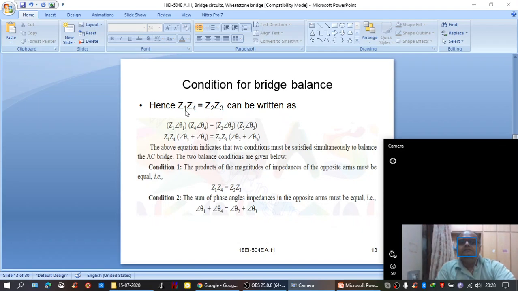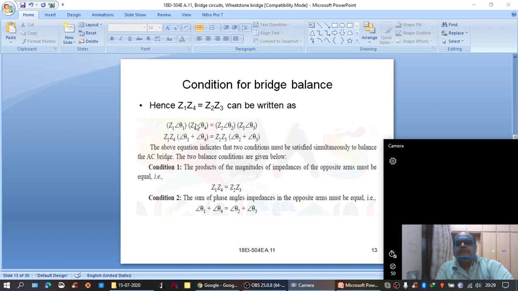So here Z1 Z4 equal to Z2 Z3 can also be written as: modulus of Z1, that is magnitude of Z1, at a phase angle of theta 1, times modulus of Z4 at an angle theta 4, is equal to magnitude of Z2 at an angle theta 2, times magnitude of Z3 at an angle theta 3.